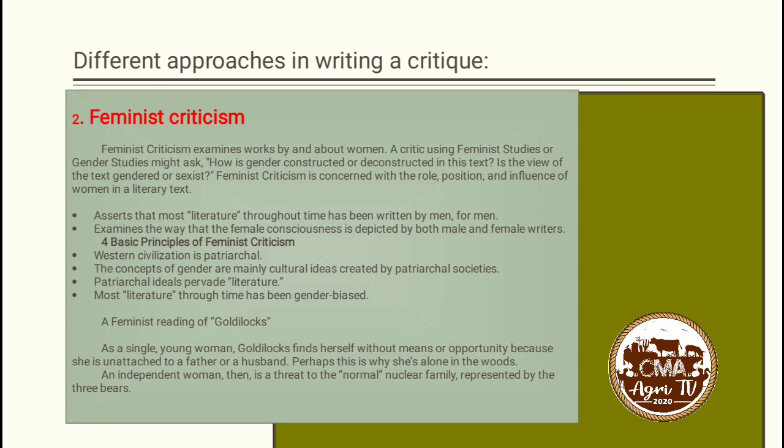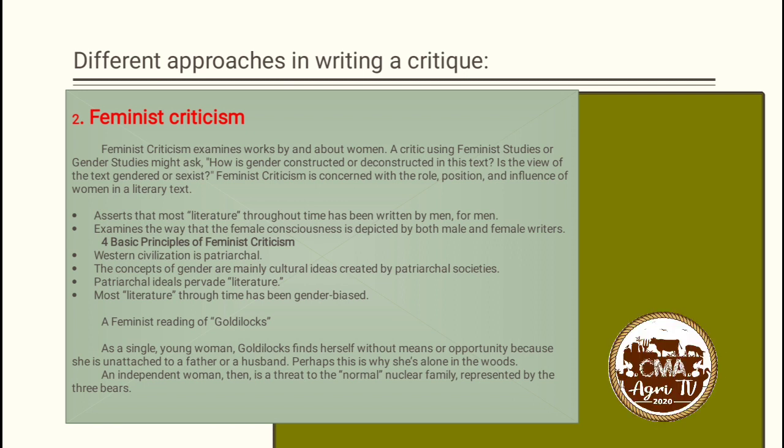If you were a woman, you had fewer rights, while if you were a man, you had all the privileges. Patriarchal ideas pervade literature, and most literature through time has been gender biased, like what I said earlier.